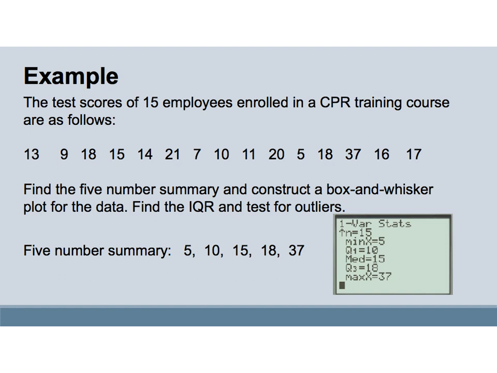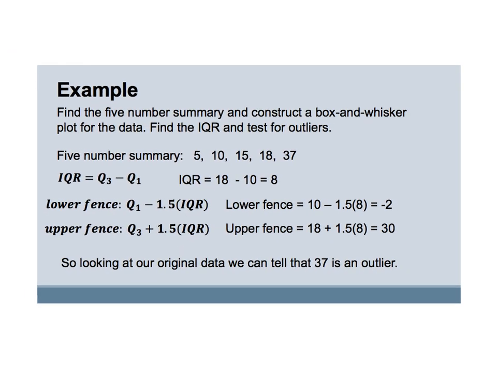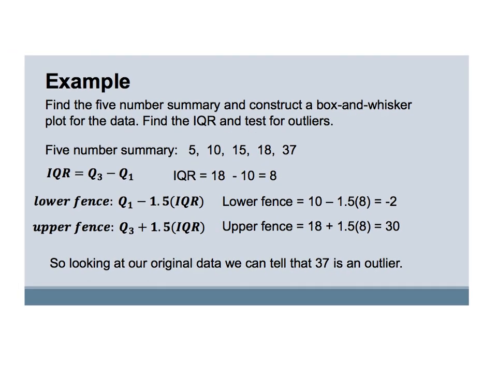Now, if we take that, we can do our lower and upper fence to determine if we have any outliers. To get the IQR, take Q3 minus Q1, so that would be 18 minus 10, or 8.